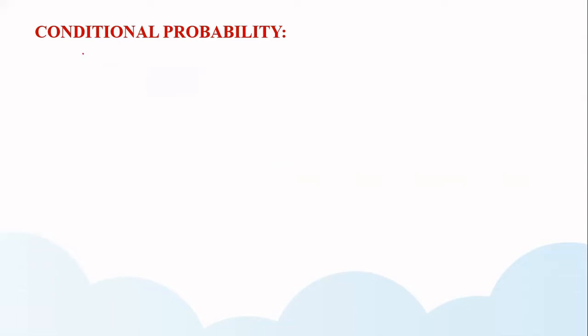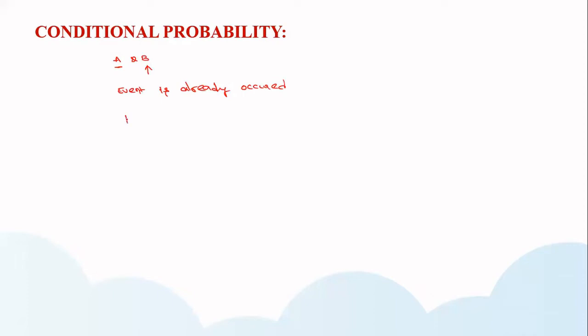Suppose I have two events A and B. Now I'm going to define the occurrence of the probability of A with respect to B, where event B has already occurred. So with respect to the occurred event, you need to define the probability of the new event.